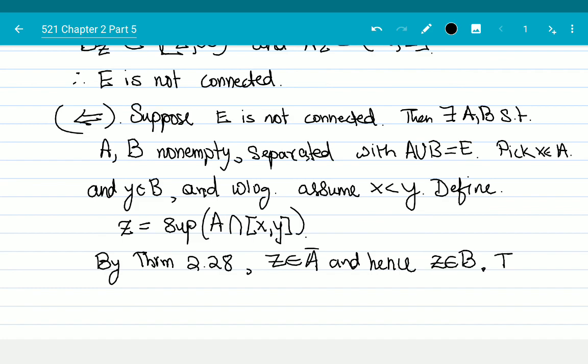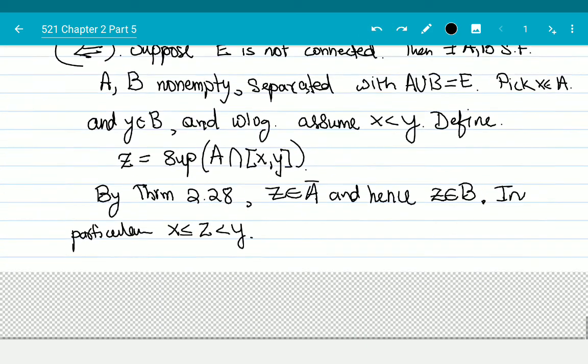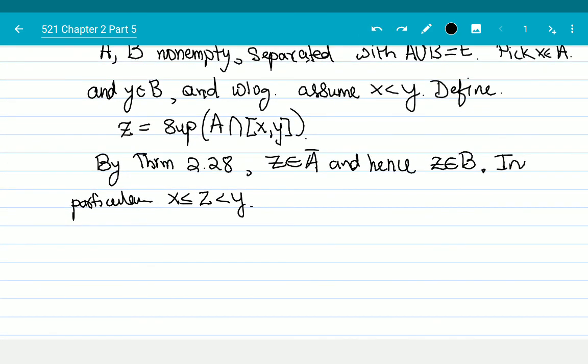And therefore, in particular, X is smaller than or equal to Z, smaller than Y. So it's saying that since Z is in A bar, it could be potentially X, but it is still between X and Y. The supremum could be X.